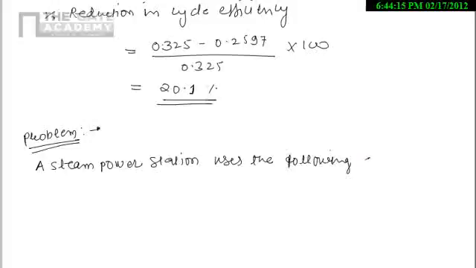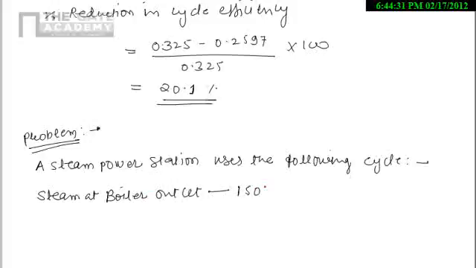Steam at boiler outlet is 150 bar and 550 degree centigrade.